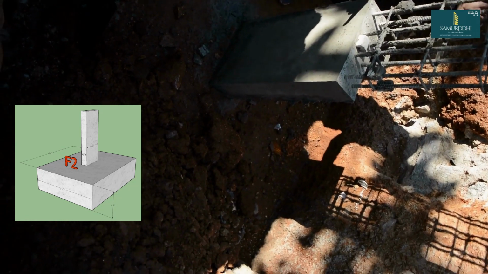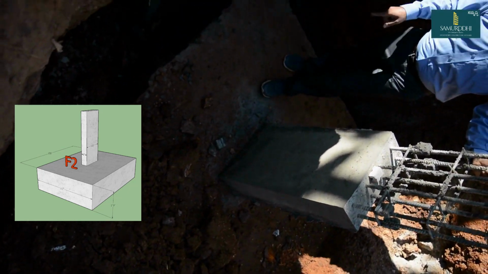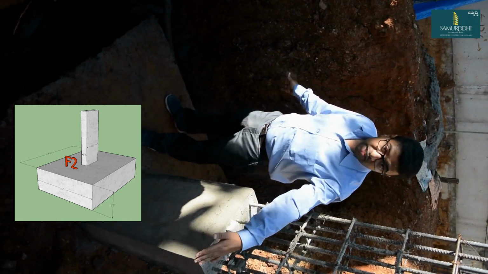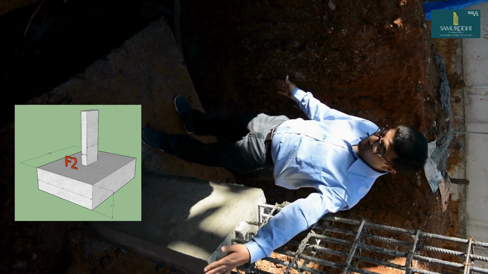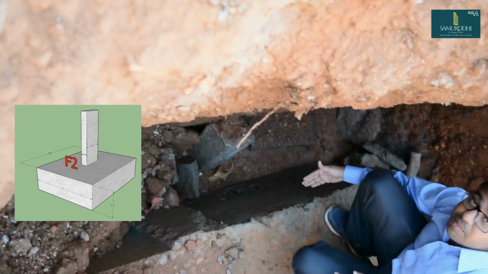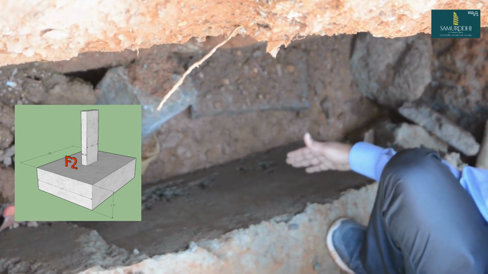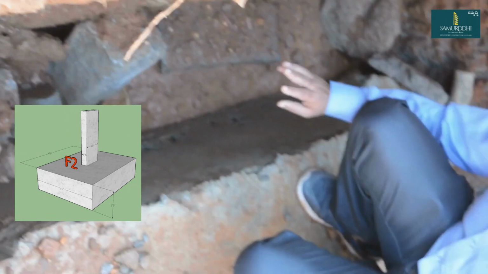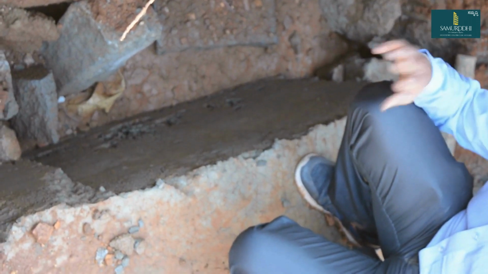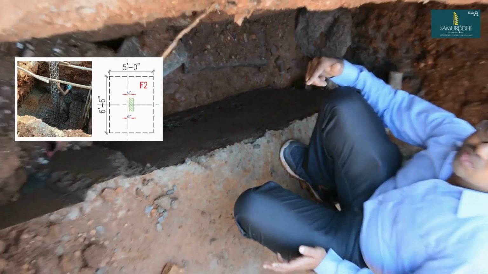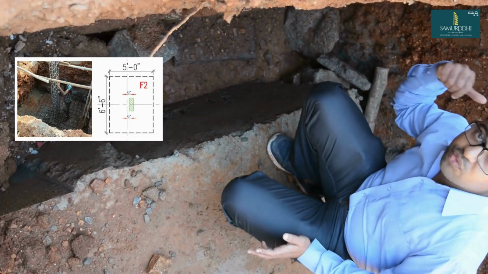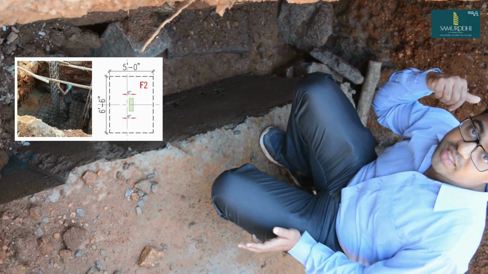You can see the width of this is 5 feet and the length is 6 feet, and the depth is 21 inches as you can see here. The amount of steel consumption here depends on a different design, which we are separately showing you on the design snap, where this varies from the other foundation.